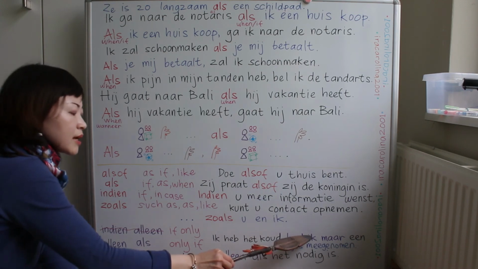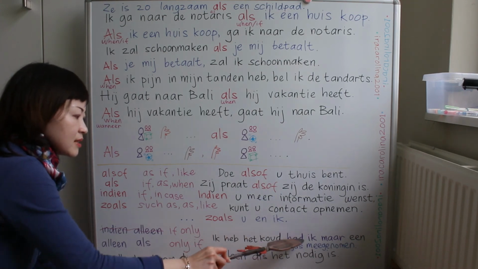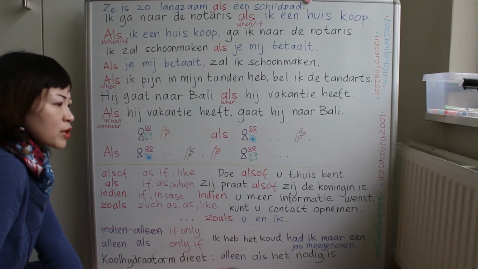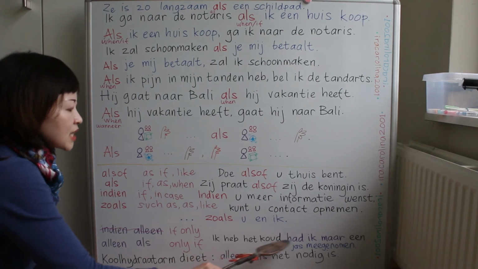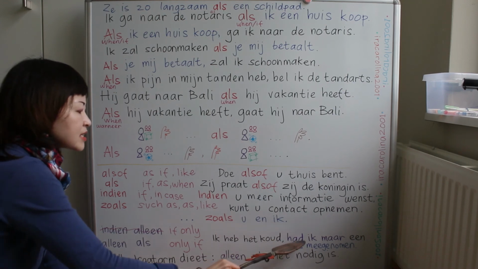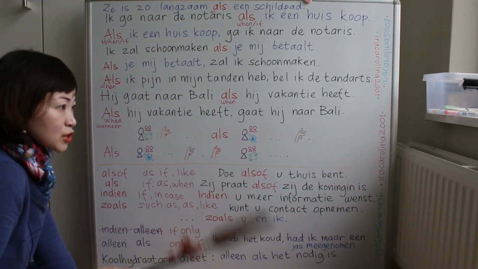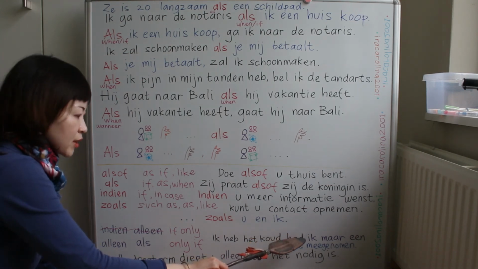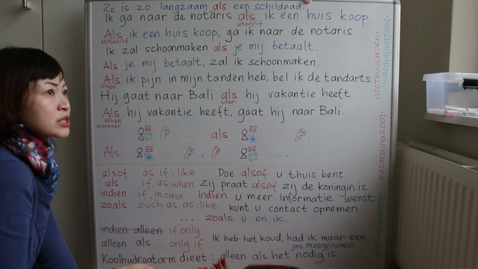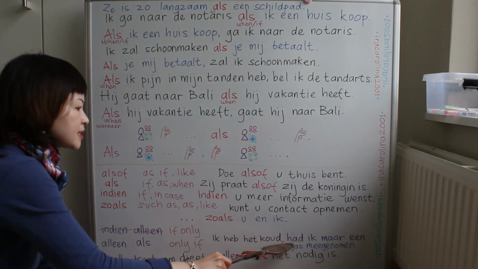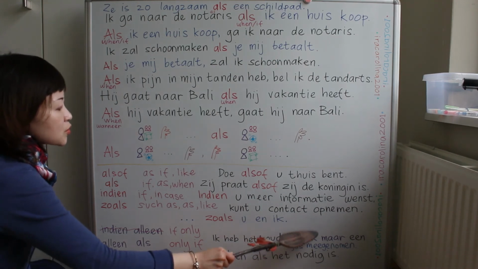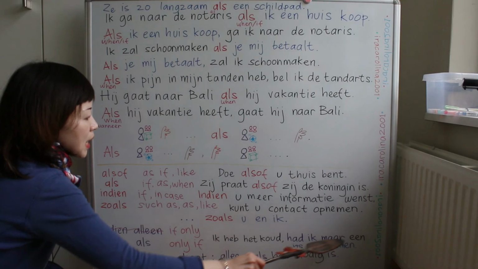If you use the ik, of course you use the had, but if you use the other subject like we or y or ze, zij for more than one, you use the hadden. You use had for ik and for singular subject. For plural or more than one, wij, jullie, zij, you use the hadden, but it's the same, so you use had or hadden, and then the subject, and then you use maar.